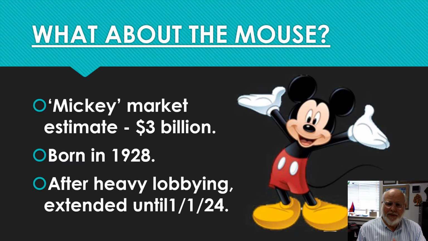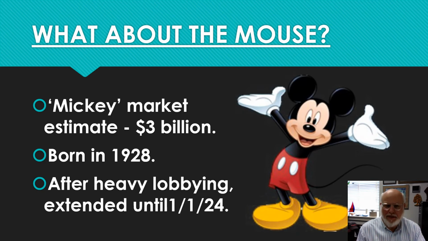So under the present rules, Disney owns the copyright until January the 1st, 2024. And then anybody that wants to put a Mickey Mouse watch or a Mickey Mouse t-shirt or Mickey Mouse whatever can copy this and it will not be an infringement of Disney's rights. Now, Disney will retain some rights, but we're not going to go into that.